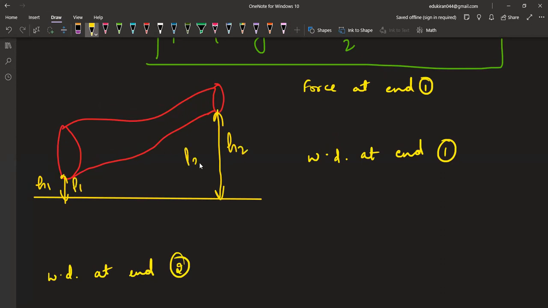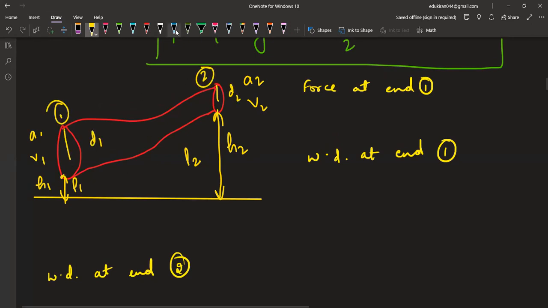This is P1, here it's P2, area A1, velocity V1, area A2, velocity V2. Here the diameter is D1, and at the other end it is D2. This is the first end, this is the second end.